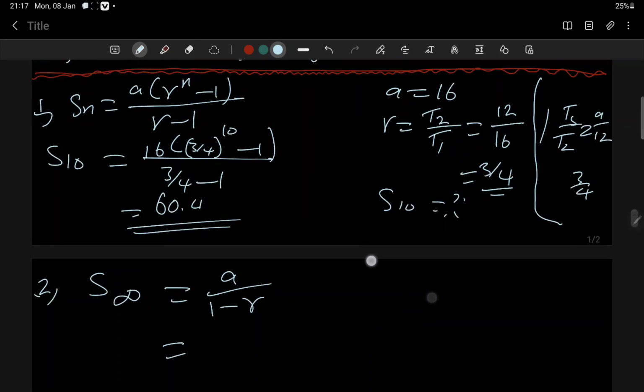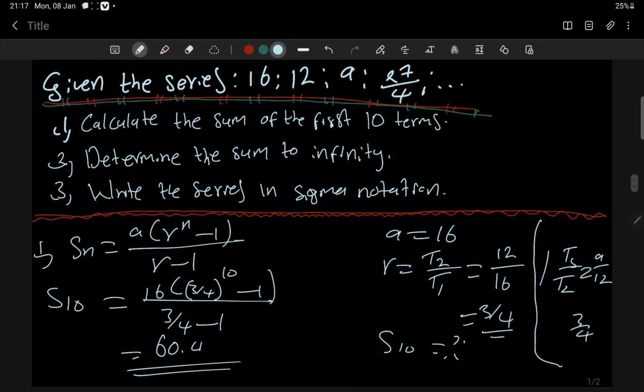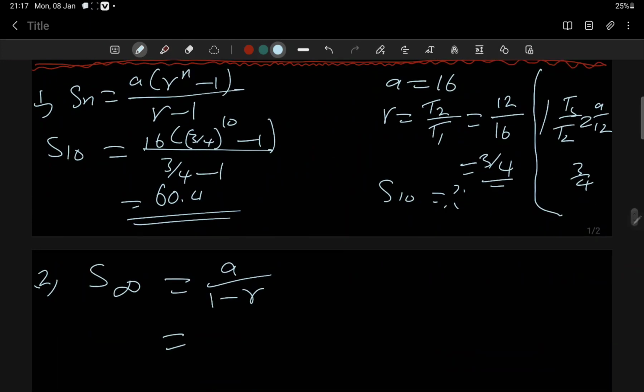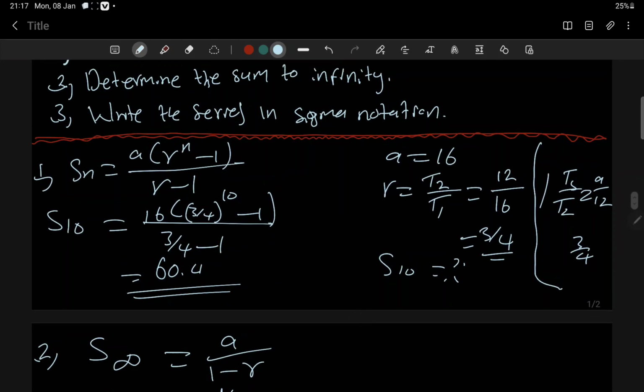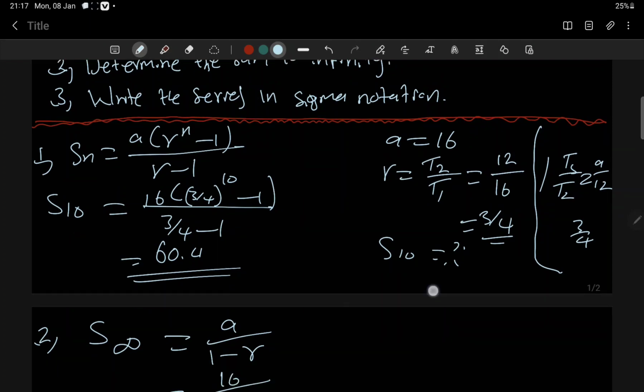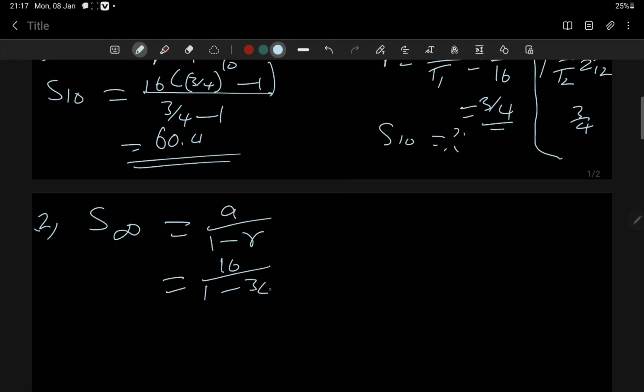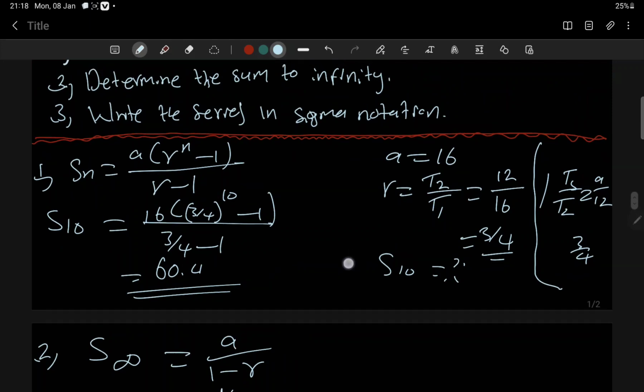And then we already have A, that is 16 from the question. 16 over 1 minus, and then our common ratio, we calculated it was 3 over 4. Then just have to press down our calculators. Okay, that is 64.